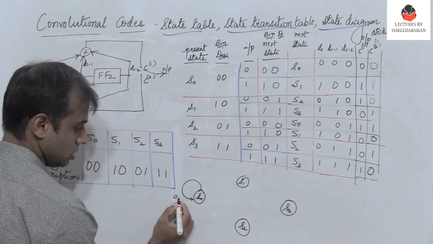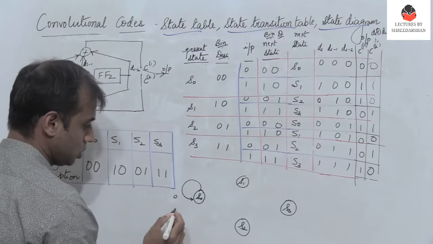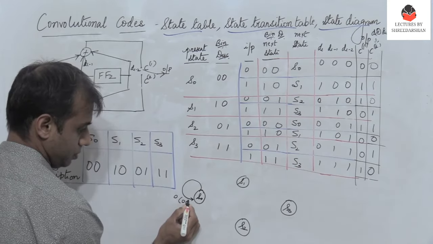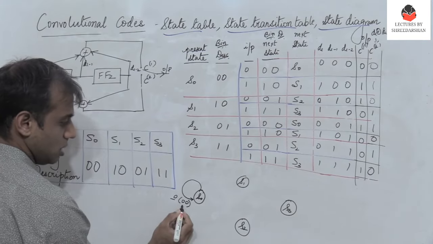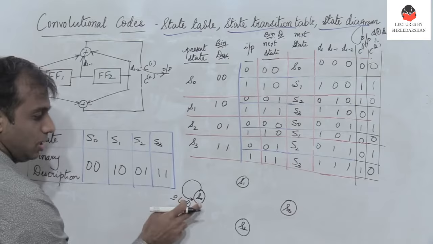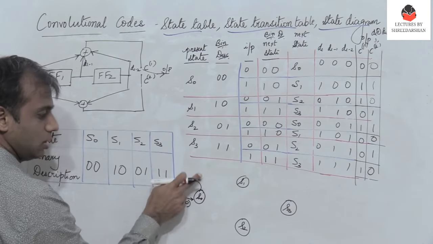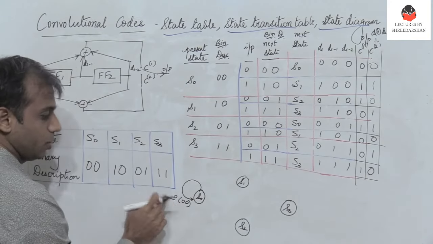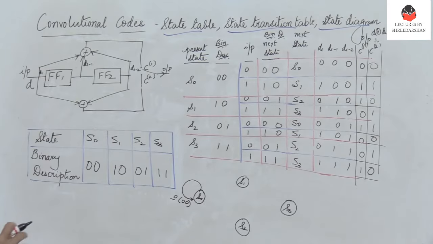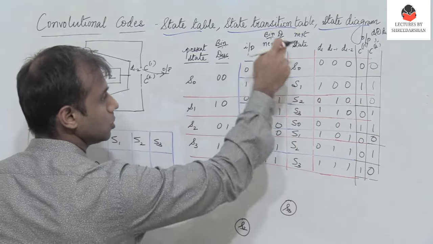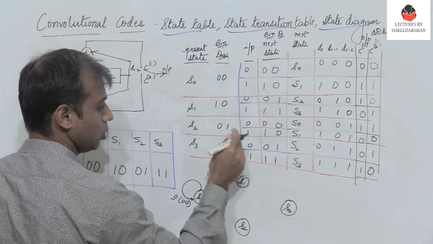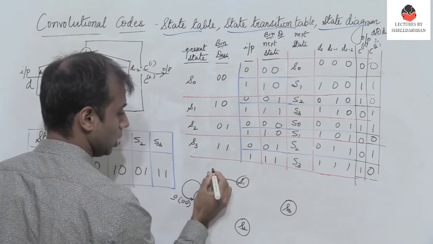Let me indicate the output within brackets. So this is the input, this is the output. If I am in state S0 and input is 0, I come back to S0 with an output 0, 0. If I am in state S0 and input is 1, I go to S1 with an output 1, 1.